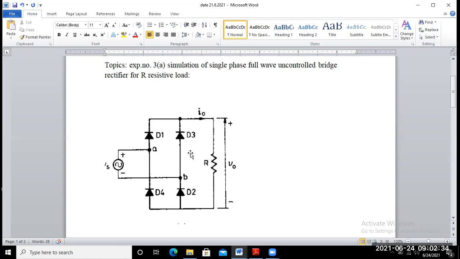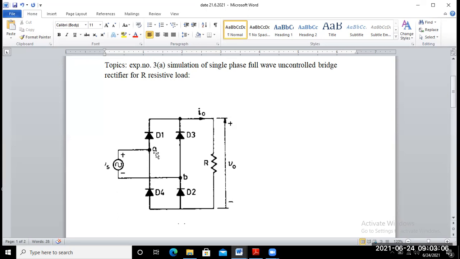Okay, so suppose that when this sinusoidal supply voltage starts from 0 to pi, that means during this period, which ones are forward biased. That means for the positive half cycle, this diode and this diode. Okay, so D1 and D2 are in forward bias for the positive half cycle, that means 0 to pi.